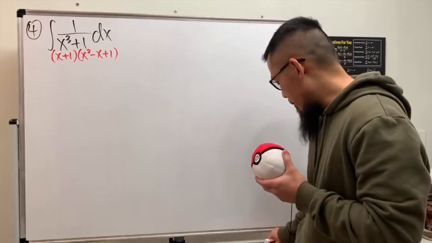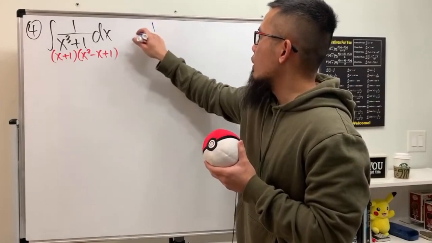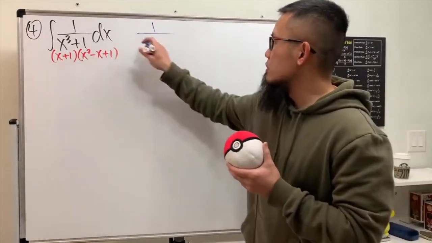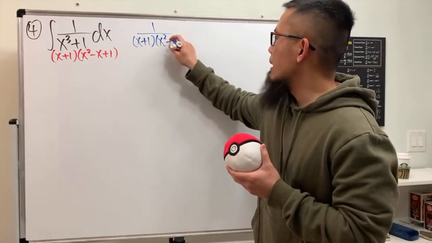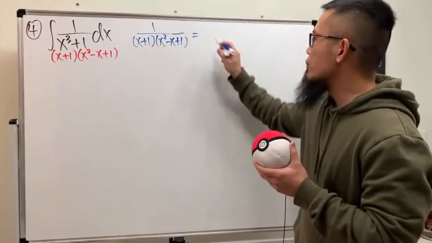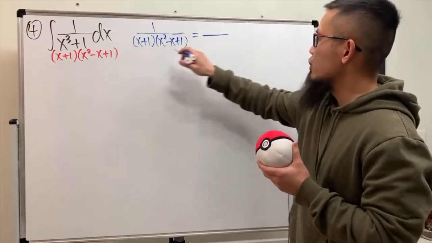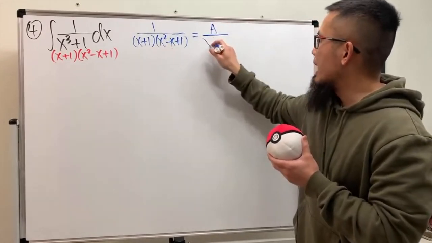Now, we are going to do the partial fraction on the side. So you see that we have 1 over that for the denominator. So we have x plus 1 times x squared minus x plus 1. And then break this down into 2 fractions. The first one will have just a constant on the top. So I'm going to put that as a, and then over that.